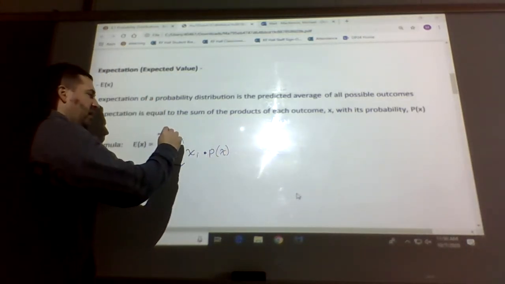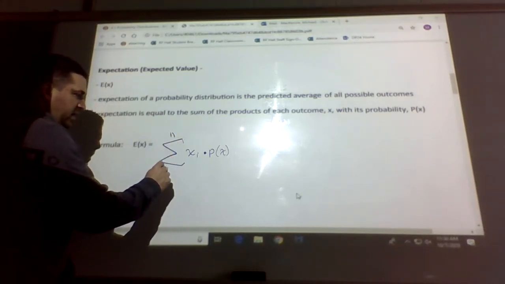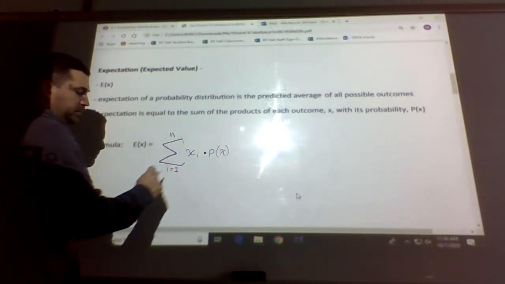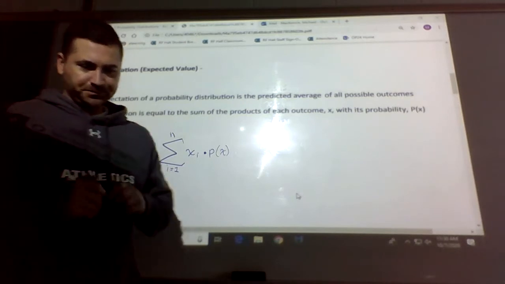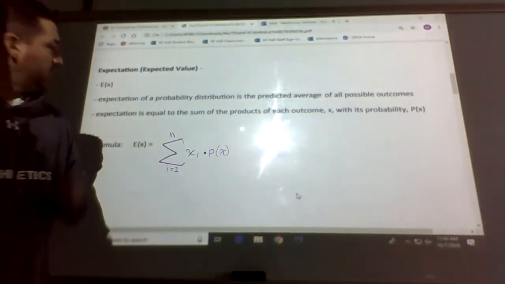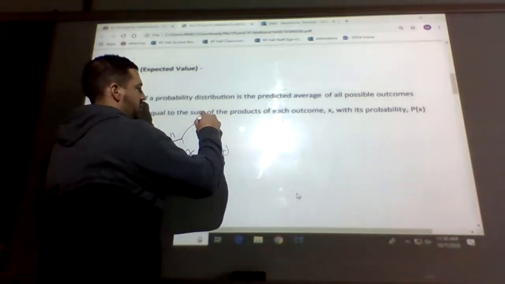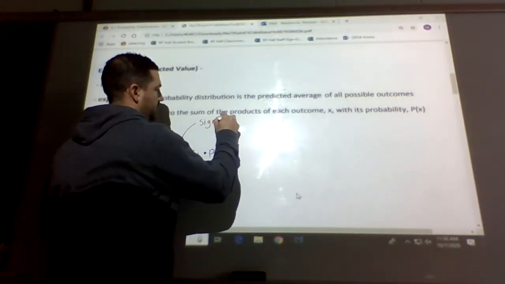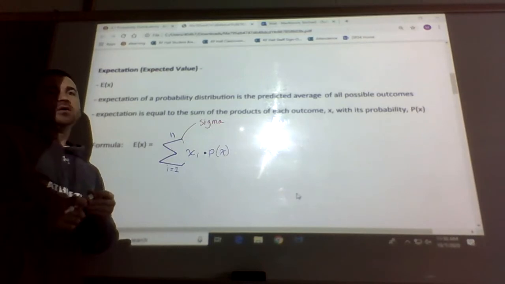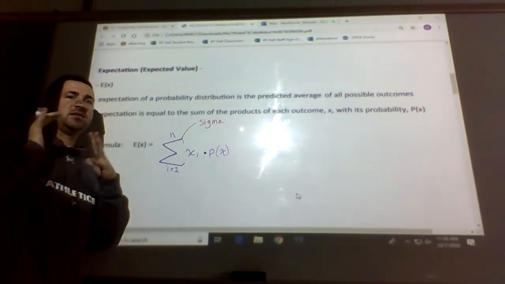And then at the top we have n, and at the bottom i equals 1. This symbol here is called sigma. Sigma represents sum of.